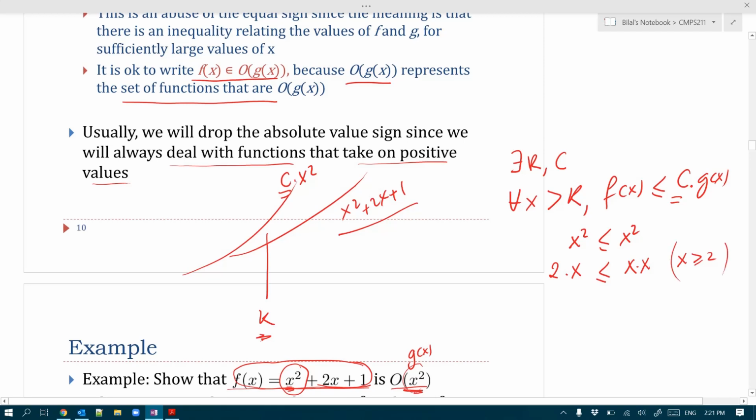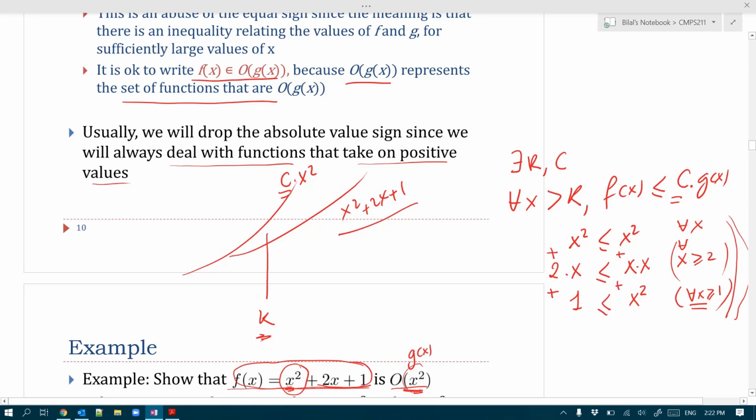So this first one is practically for every x, and this one is for every x greater than or equal to 2. And we know that 1 is less than or equal to x squared whenever x is greater than or equal to 1. Now we can take this common range, for every x greater than or equal to 1. We will have this term plus that term plus that term less than or equal to those terms here.